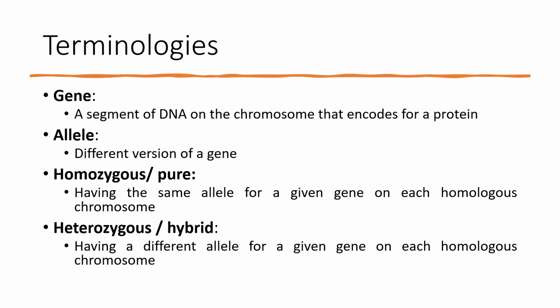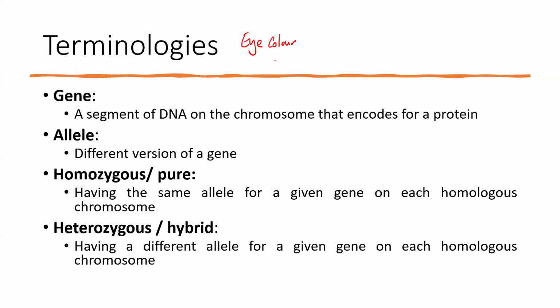Now, we might have a gene for eye color. I keep on using that example because it's easy for most people to visualize. But not everybody's going to have the same eye color, which means there are multiple versions of that gene that exist in the population.